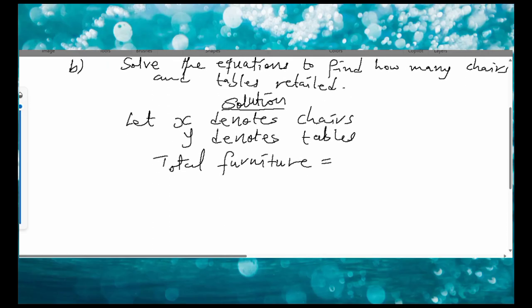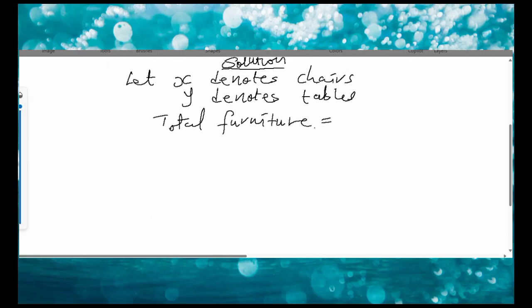So the furniture we're talking about here is chairs and tables, right? Total furniture, that is x and y, is equal to what? 40. Okay, so you see the x denotes the chairs and then the y denotes the tables. That is why we take the sum here, right? So the furniture we're talking about is chairs and tables.